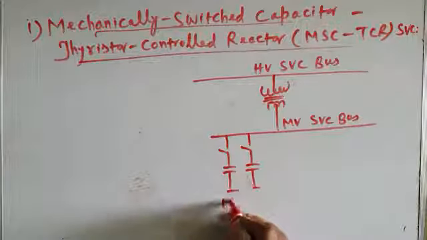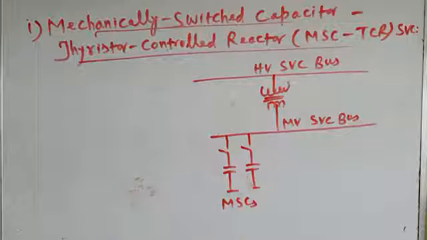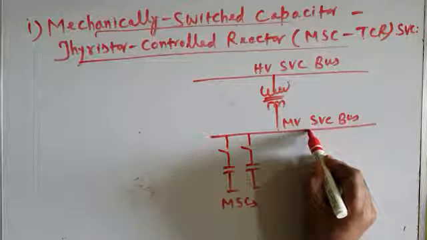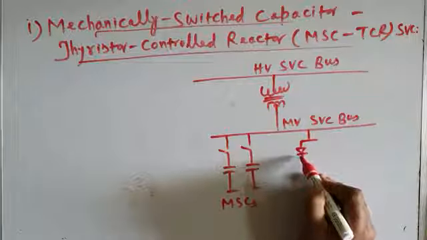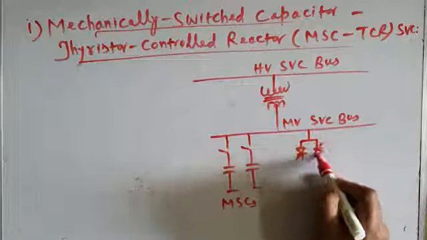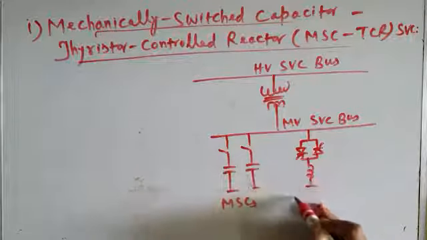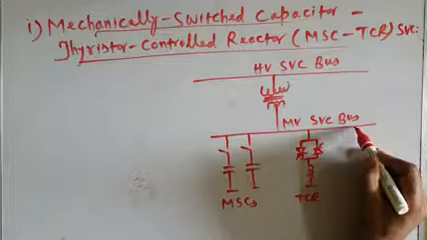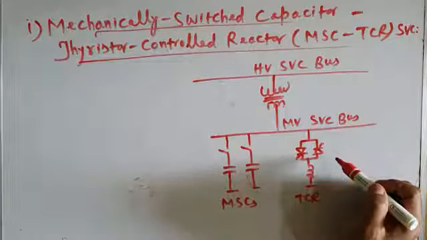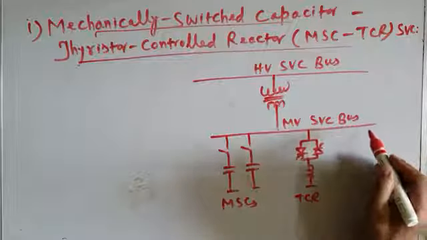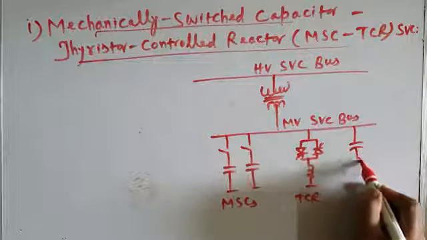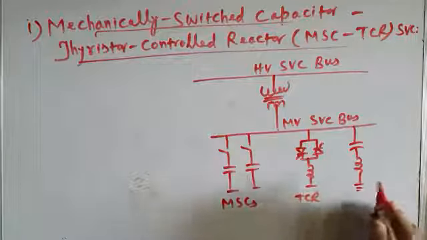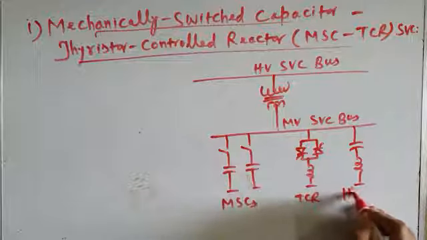So these are mechanically switched capacitors, MSCs. Okay. And then we have the thyristor controlled reactor, TCR. And this is the circuit diagram of TCR. This is TCR. And of course, in order to suppress the harmonics, especially lower order harmonics, we have to connect a harmonic filter. So this is our harmonic filter.